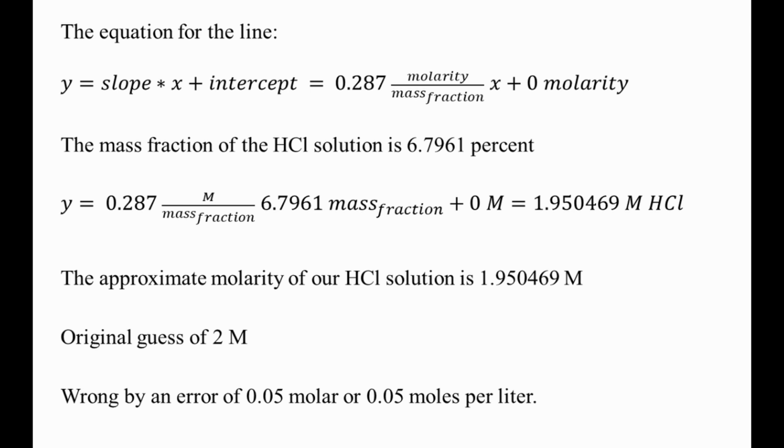And we find the approximate molarity of our HCl solution is 1.950469 M. This is fairly close to our original guess of 2 molar. Remember, our original guess used only the 1 liter of water for the solution volume. This guess is wrong by an error of 0.05 molar or 0.05 moles per liter.